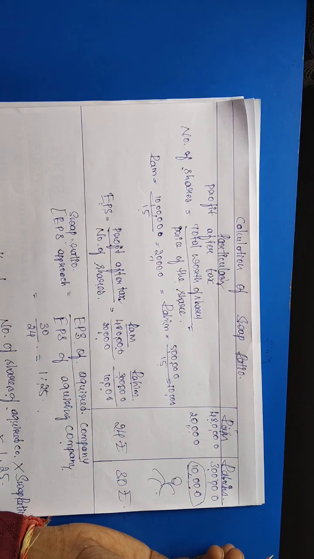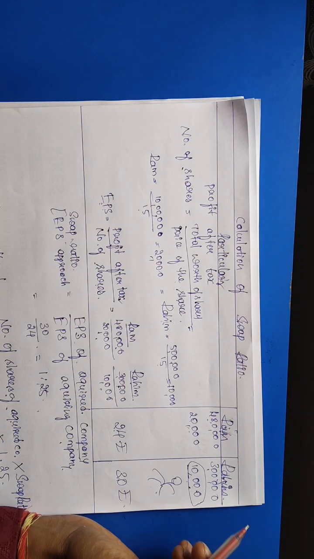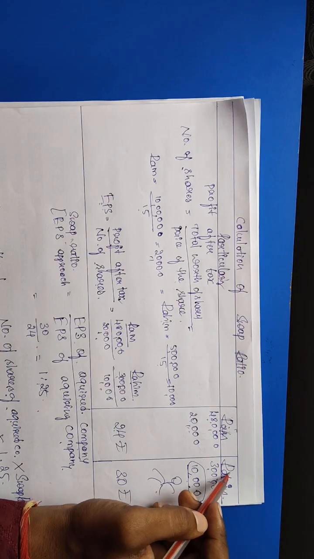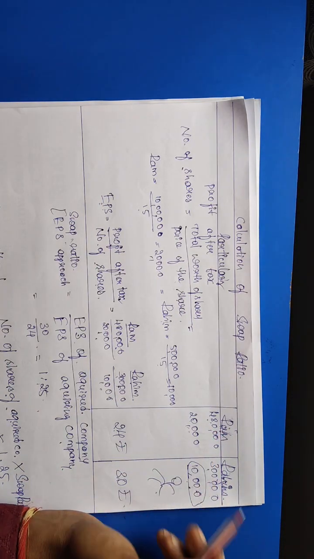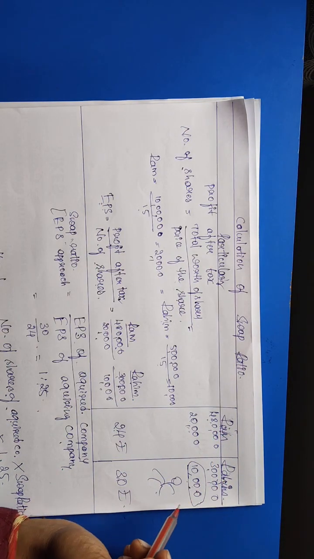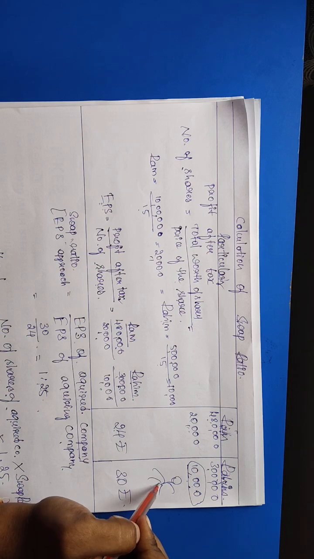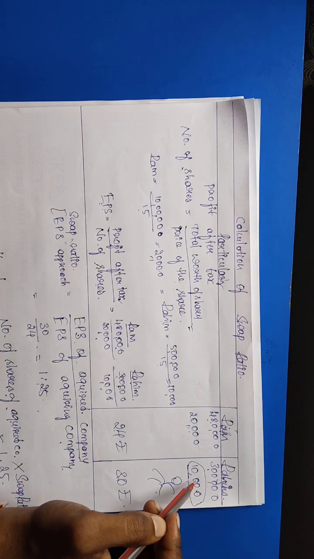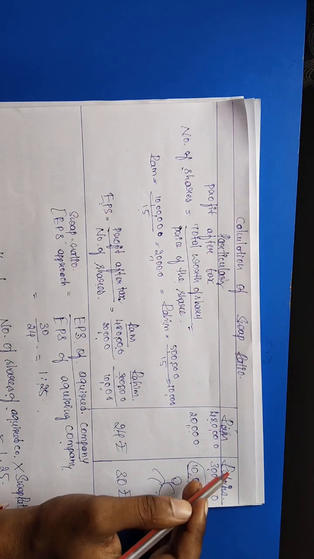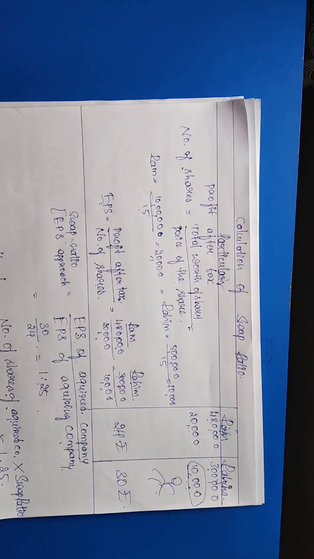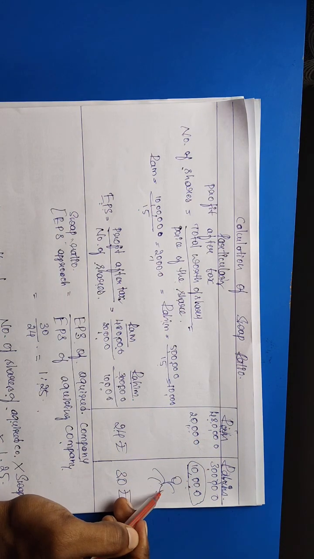Assets, shares, everything he will sell to Ram, and he will exit from the business. While he exits, the shareholders are partners of the business. So while acquiring this company, Ram is going to offer 12,500 shares for the Rahim company.